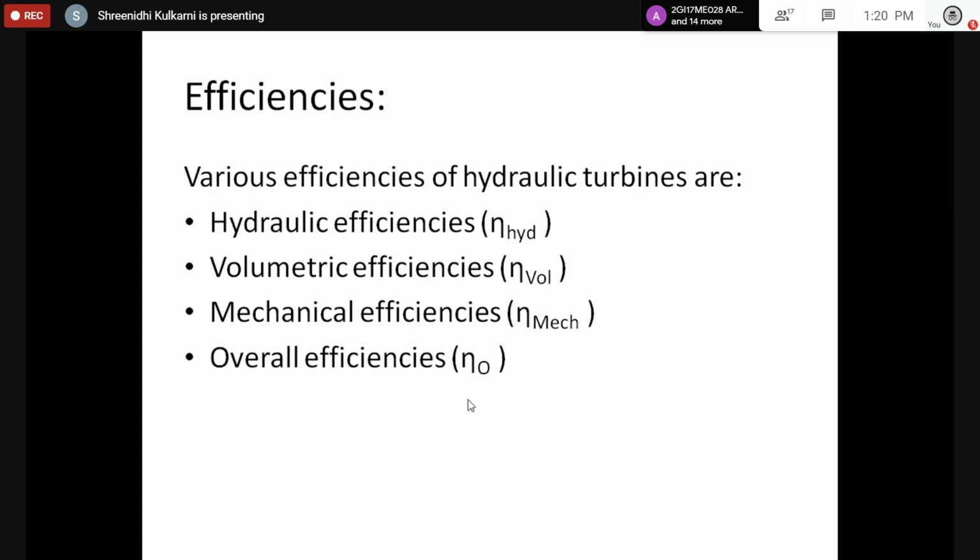What is mechanical efficiency? Simply we can say it is output by input. So it will give the mechanical efficiency. But particularly in hydraulic turbines, we're going to see these 4 different efficiencies. Got it?